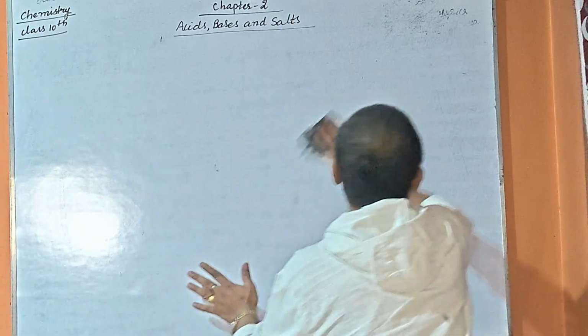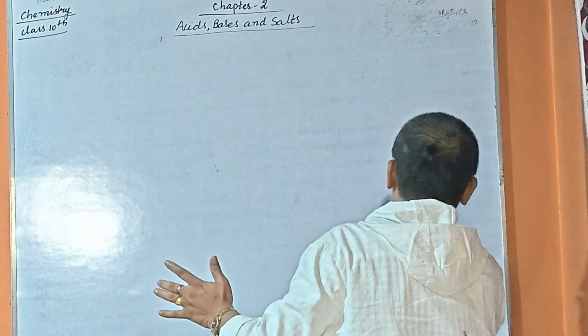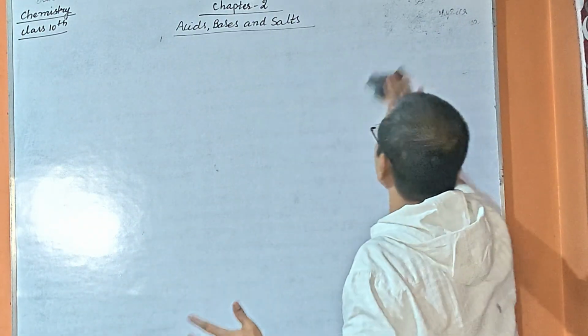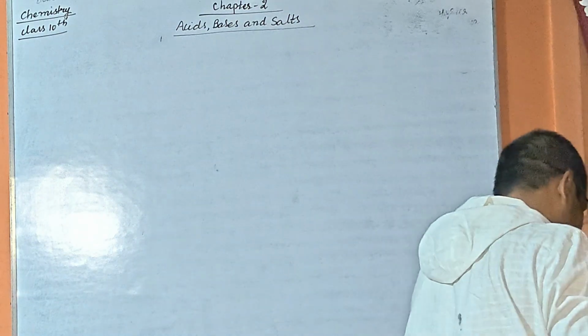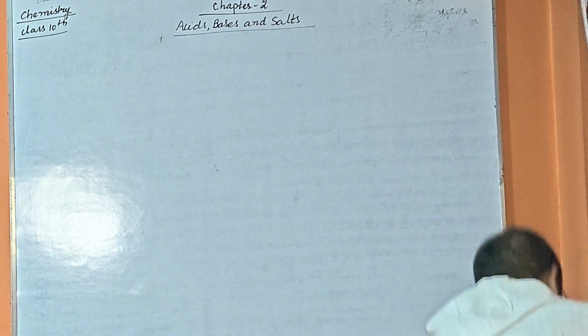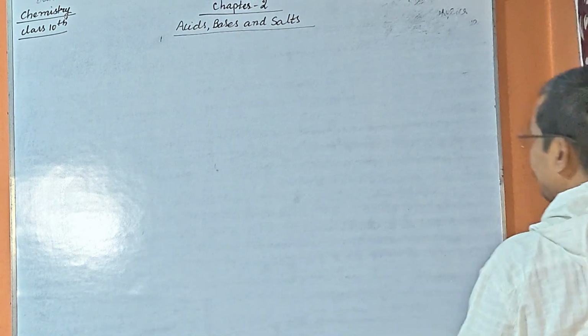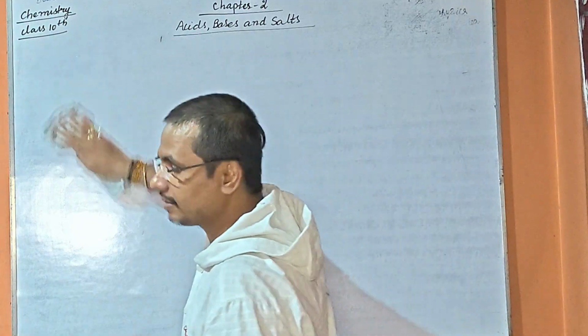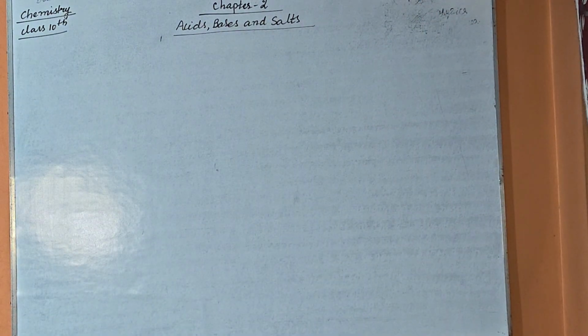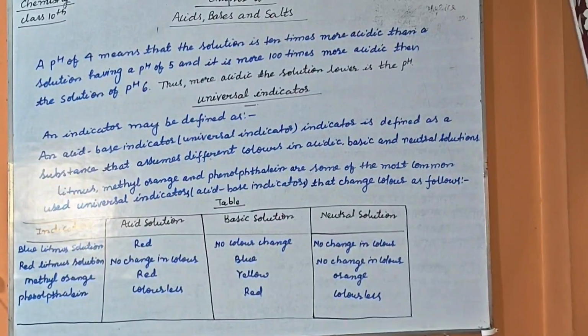So these are the things you have to understand clearly, and they are remarkable things. So my dear students, let us complete it briefly and in a simple way. So this is all about the pH.